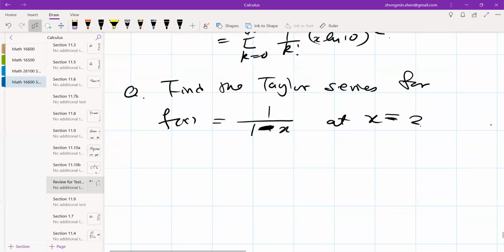Can you do this? Find the Taylor series for this function at point a.